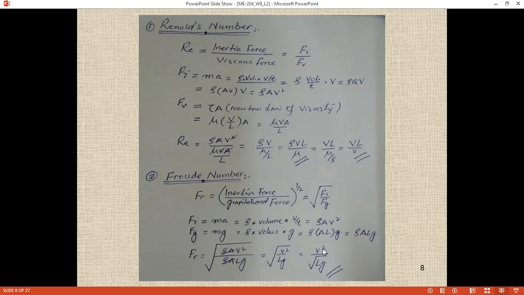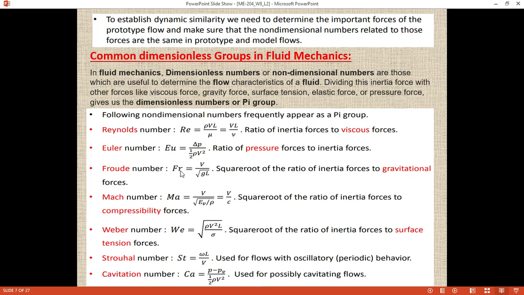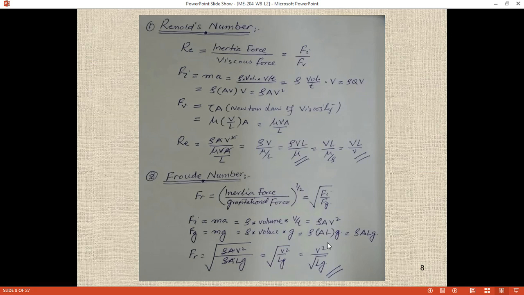Please make it correct, it's only v. So the Froude number is v over the square root of g L, same as we have derived.